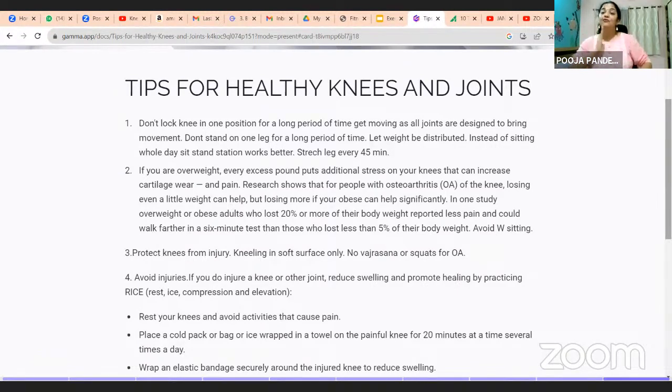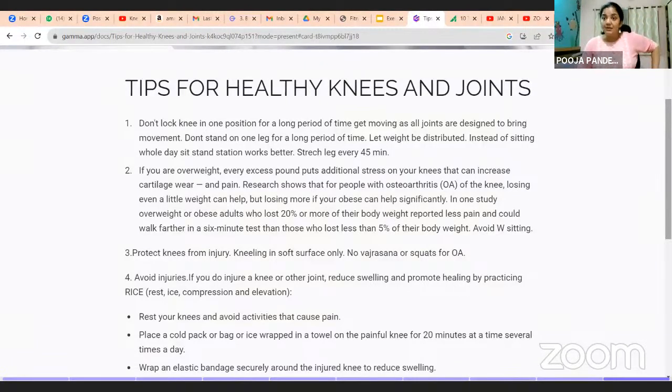I am saying if your weight is affecting your joint, then reduce it. If you feel that because of your weight there is a lot of pressure on your knee, then remember there was a study which said that if you reduce 5% of your body weight, there is a 20% pain reduction in an osteoarthritic knee.